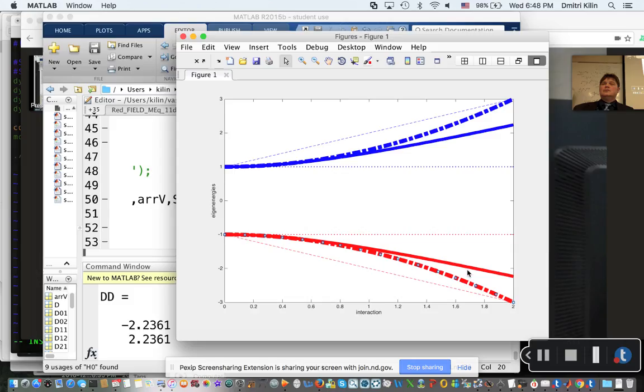See, this solid line and dot dashed lines coincide, or at least go close to each other until the value of perturbation reaches 1. If we increase it further, it starts diverging.